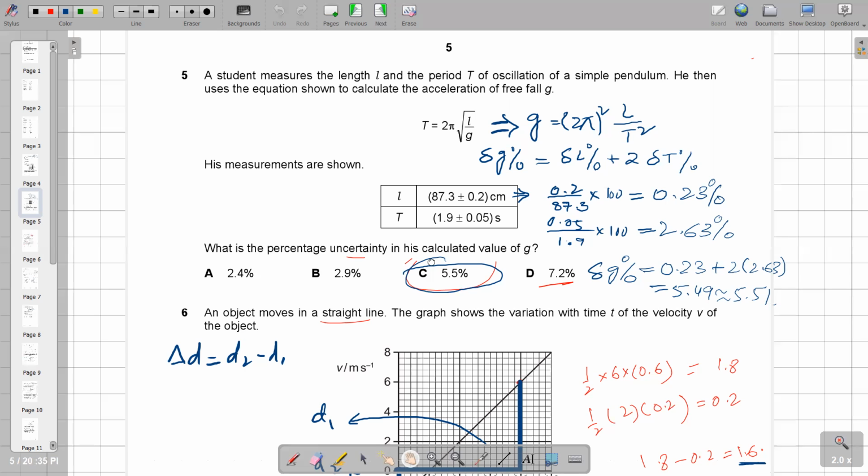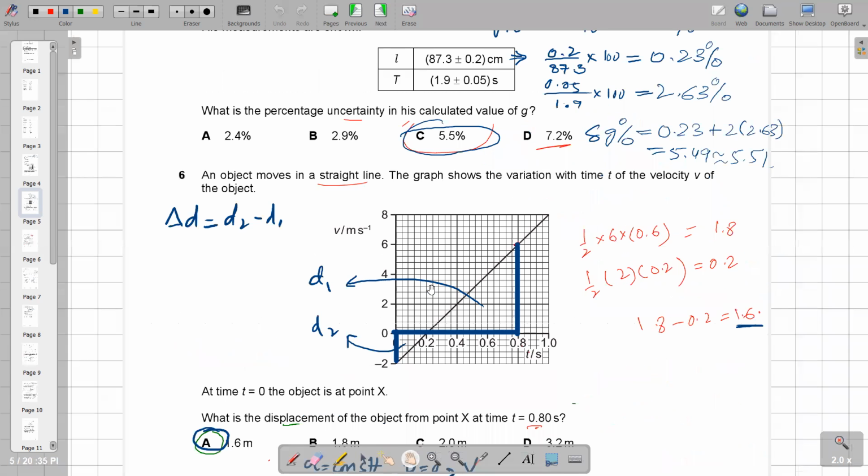Next, an object moves in a straight line. The graph shows the variation with time of the velocity v of the object. We know that it's a velocity-time graph. So this will be the distance d1 covered, and this d2 is in the opposite direction. So displacement is actually d1 minus d2, right?